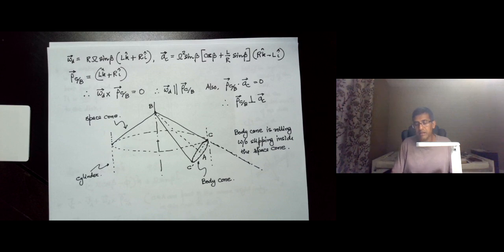And there again, you can interpret the motion of the rigid body in the form of a body cone and a space cone. So it is interesting that this idea of body and space cone comes up over here, and I wanted to bring this up in the context of this problem. As we solve different problems on the techniques of dynamic analysis for rigid bodies, this idea of body and space cone is going to come up more often, and hence it has a relevance when it comes to rigid body motion.